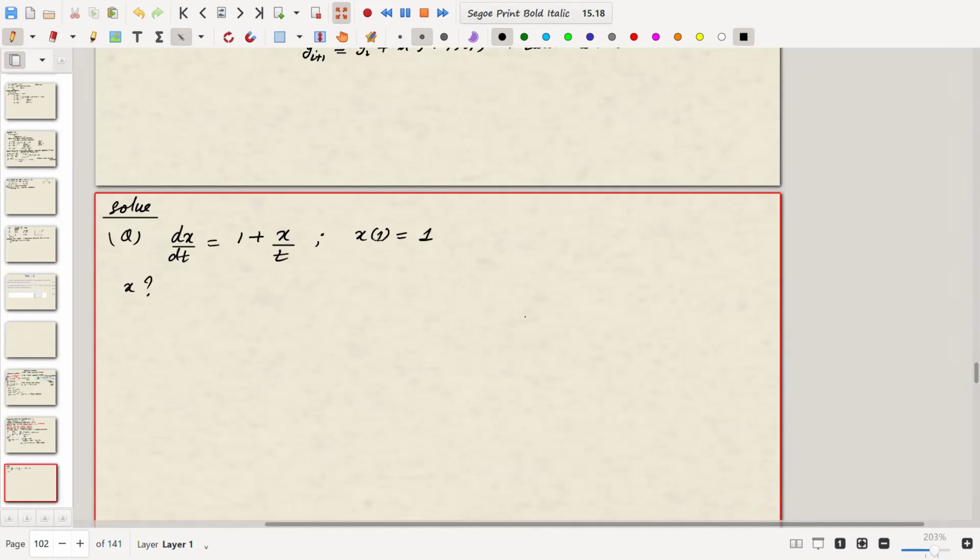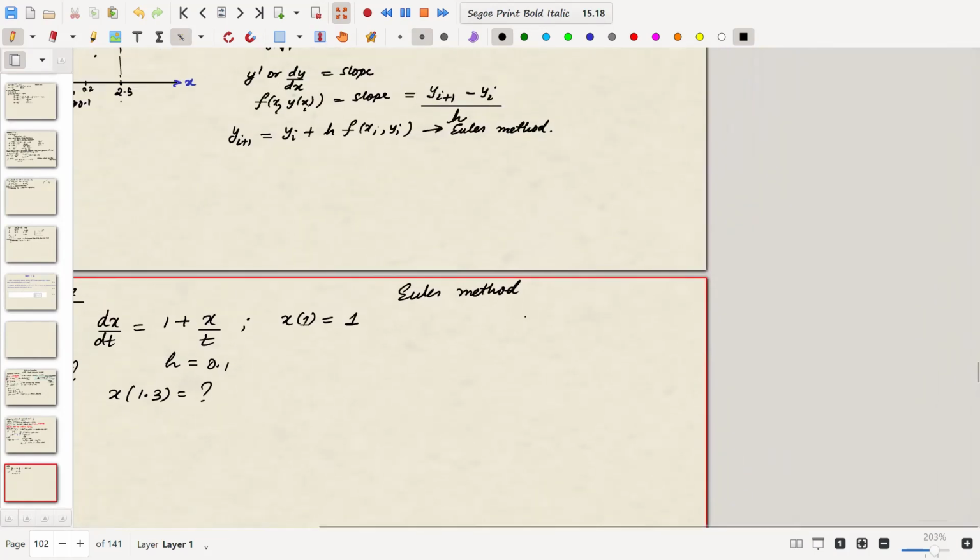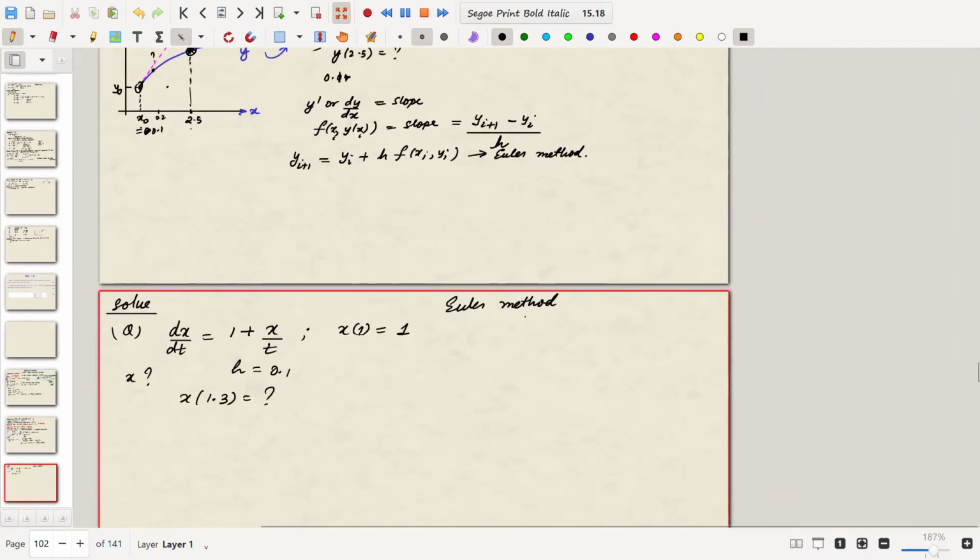Or maybe I can tell you to use the step size h to be 0.1, and compute x of 1.3 using the Euler method. Can you try to solve this using the Euler method?